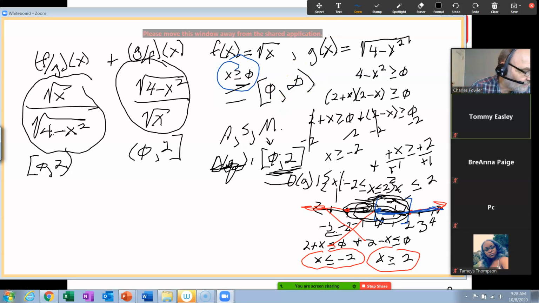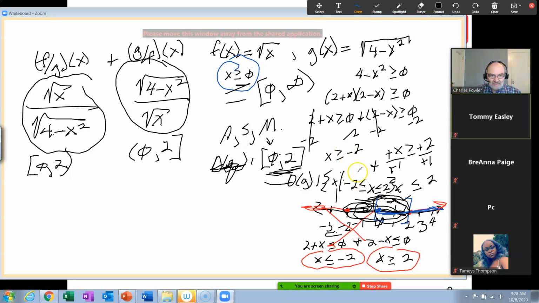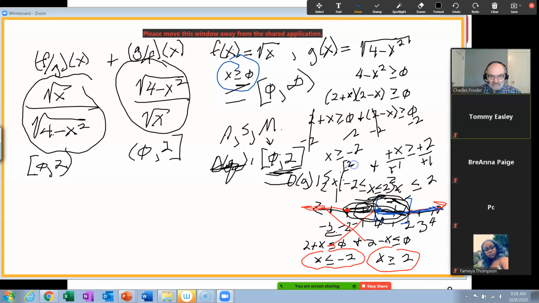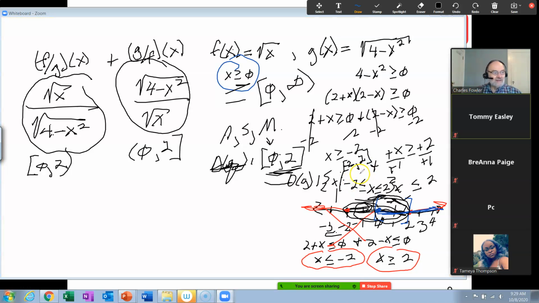This one they wrote basically like we did here: in interval notation, bracket minus 2 to 2, both brackets.